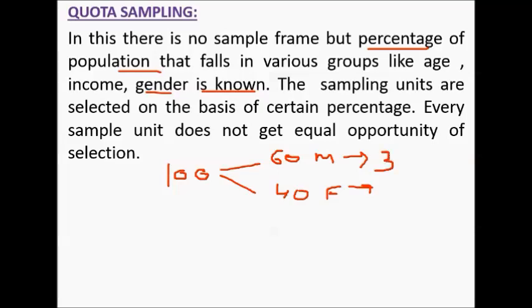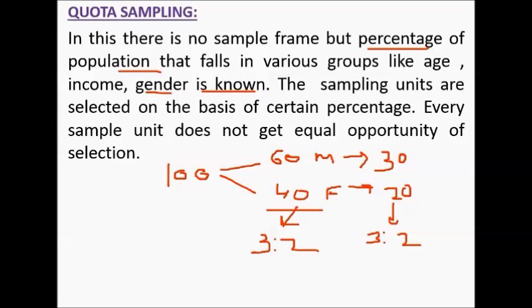You will interview 30 males and 20 females. See, the ratio is not changing. In this case the ratio is 3:2, and in this case also the ratio is 3:2. You have not changed the ratio. You have selected your sample units on the basis of a certain percentage, that is 50%.